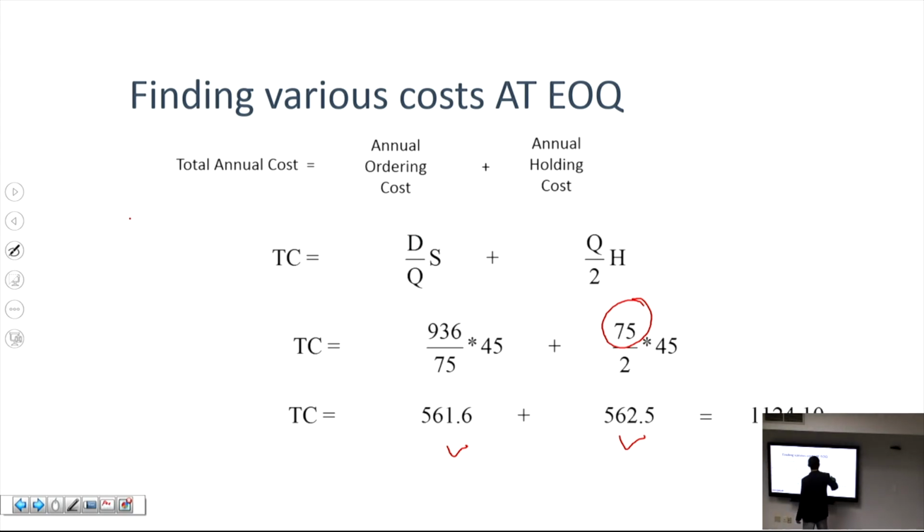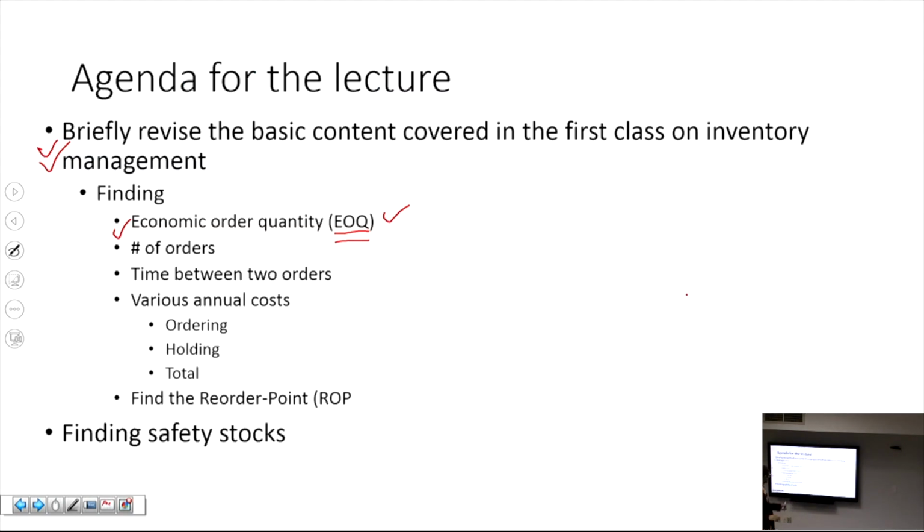And this is your EOQ right here. So you should also be able to find these other parameters of the inventory model based upon whatever work we have done so far. So that completes the review of everything that we did on the first day.